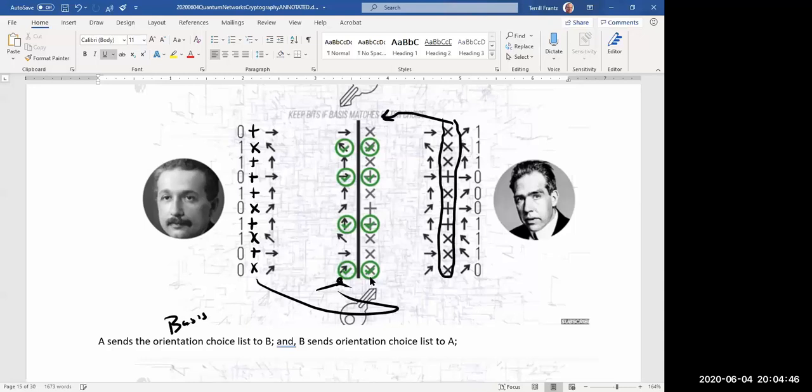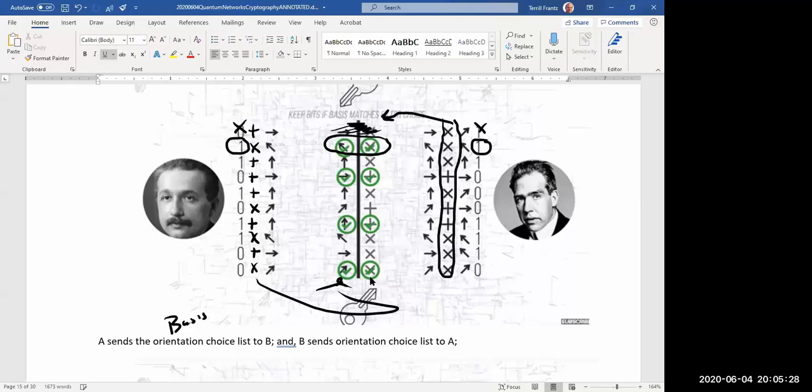When the bases are the same, so here this is diagonal, I'm sorry, rectilinear, this is diagonal, and so they ignore that first bit. In this case, it's diagonal and diagonal, and so they know that this bit is to be kept. They match their bases, and they realize, okay, the first basis, we did not have the same bases, so we're going to ignore the answer.